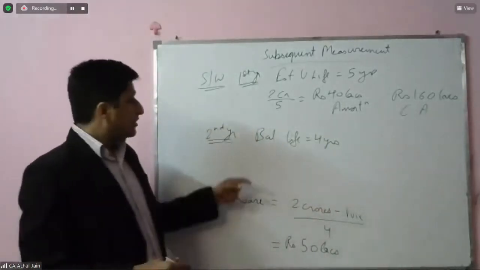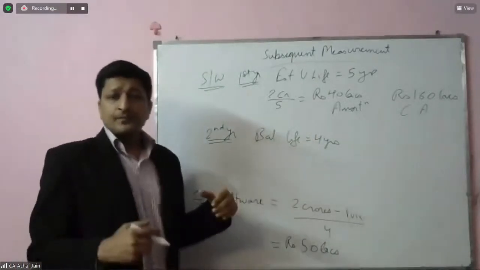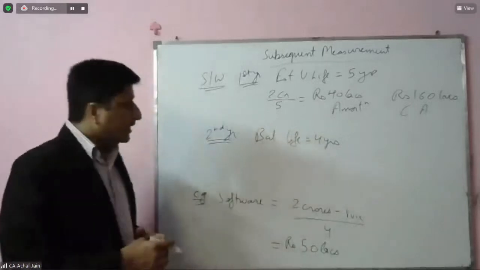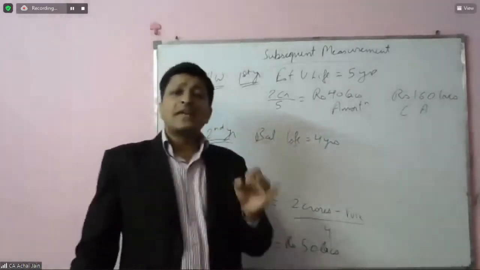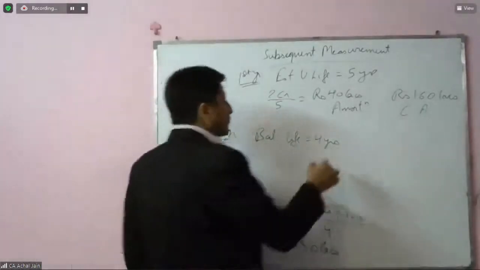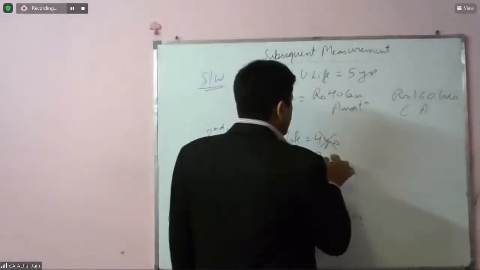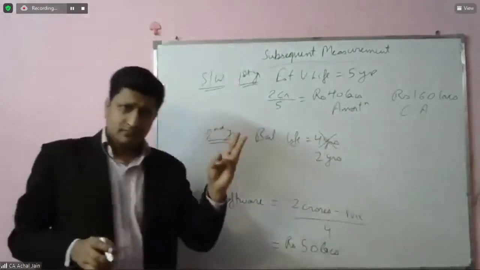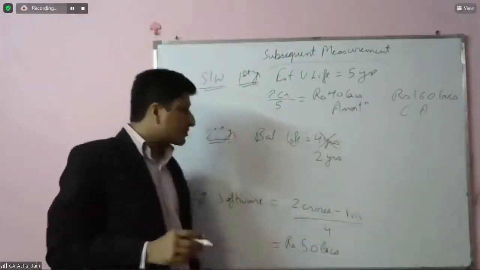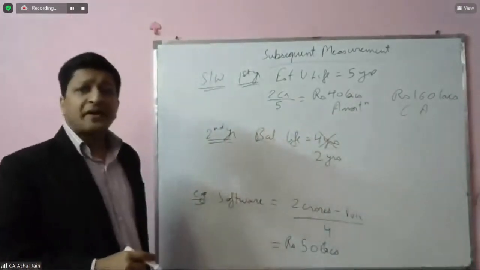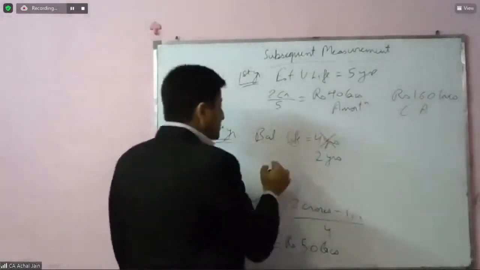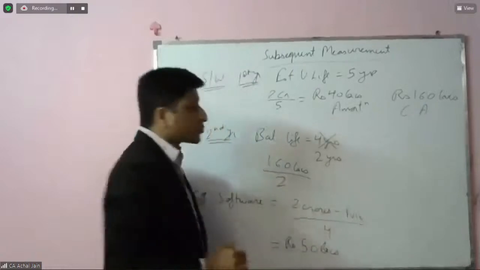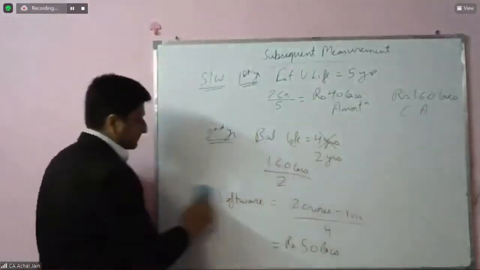Let's suppose over here, this useful life is reassessed. And now the management is estimating that instead of 4 years, it should be changed to 2 years. Means all in all, it's 3. Estimate has been changed. So now what is the prospective treatment? This 160 lakhs should be amortized over the remaining 2 years.